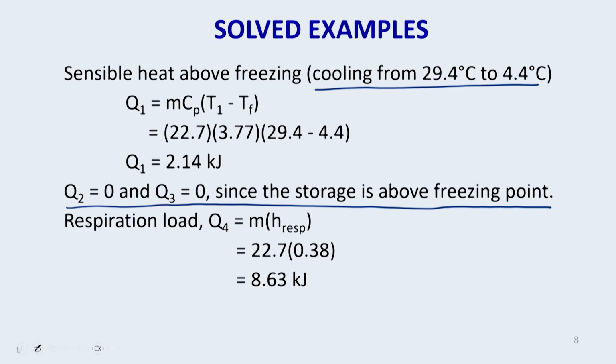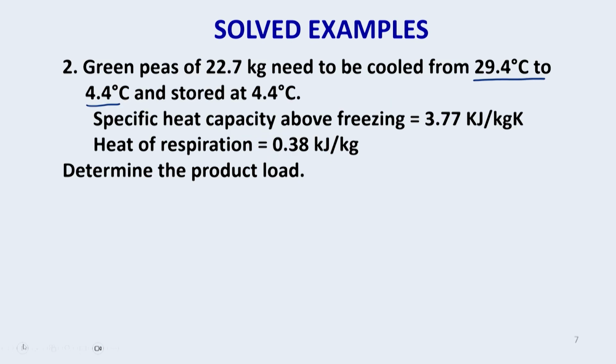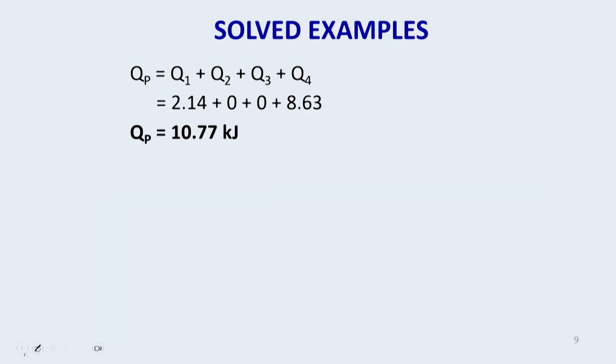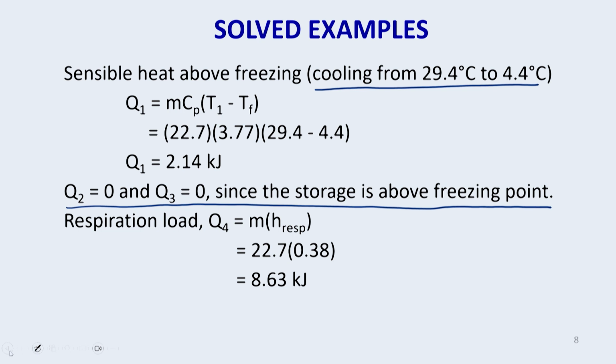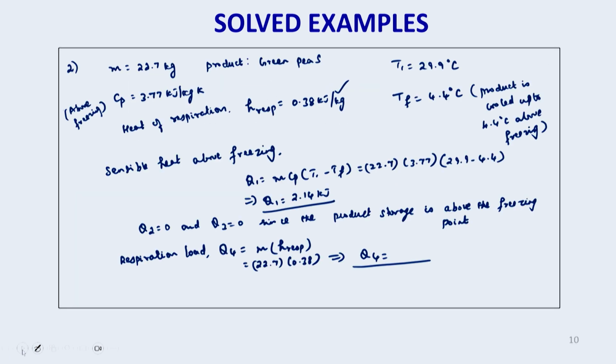Both are given. Heat of respiration is 0.38 kilojoule per kg. Substituting, 22.7 into 0.38, we get Q4 equal to 8.63 kilojoule.